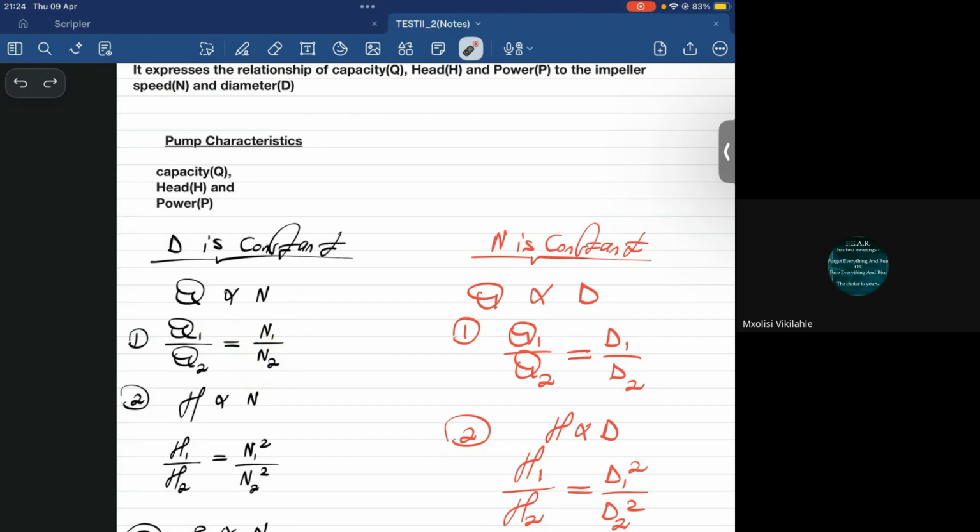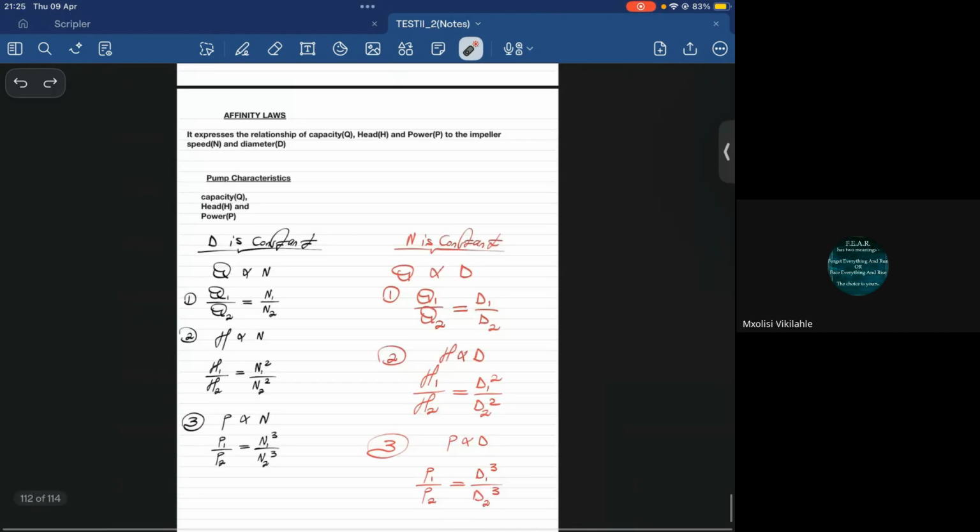In most cases, you'll be given three things, or they can give you both impeller speeds, including one of the volumetric flow rates, and you'll have to find the other volumetric flow rate.